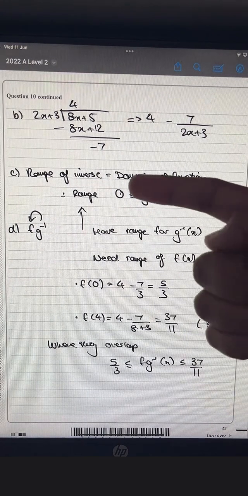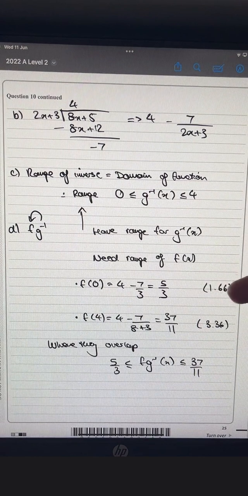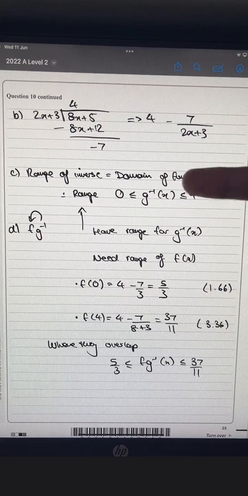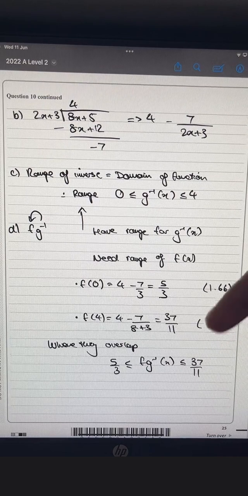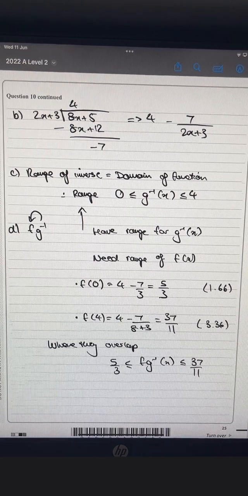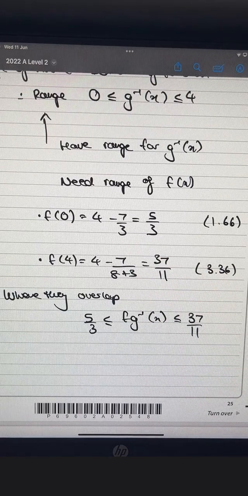The lower is 0 on that one and 1.66, which is 5/3 on this one. Well, which one is greater? This one, right? Because you need to have a greater lower bound. Then the upper bound. I've got 4 here. I've got 3.36 down there. Which one will satisfy both? If it's less than 3.36, which is 37/11, which is why we find where they overlap and that this is the range for f inverse g of x.